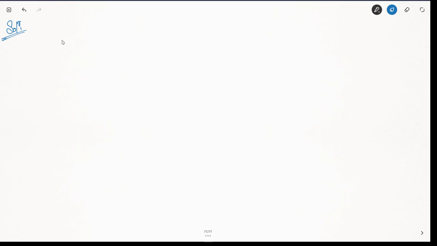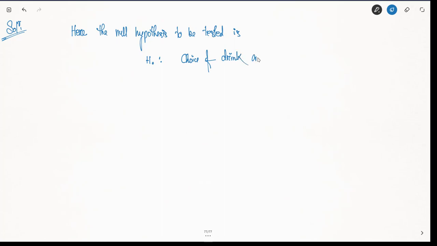So at first we will write down the null hypothesis, right? Here the null hypothesis to be tested is H0: choice of drink and their gender are independent.